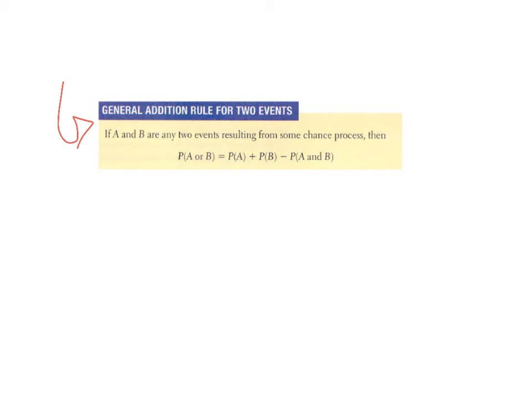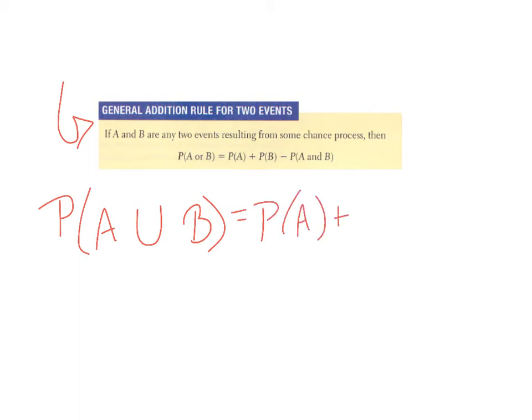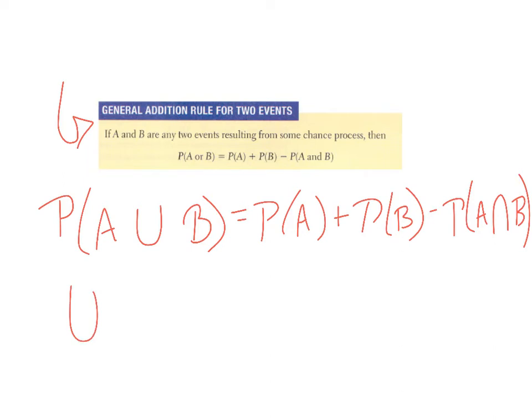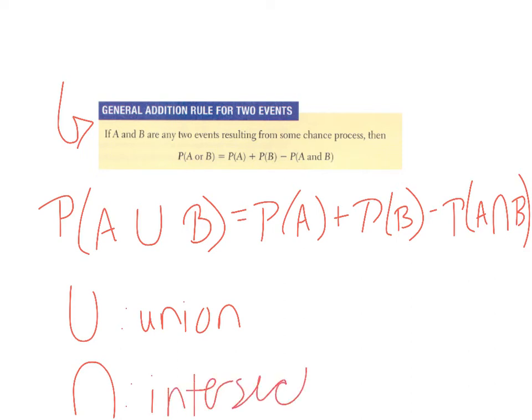This formula is actually on your formula chart, but it looks different. So the probability of A or B, using our symbols here, and we need to get used to these symbols, is the probability of event A plus the probability of event B, minus the probability of A and B. The U symbol there is union, and the upside down one is the intersection.